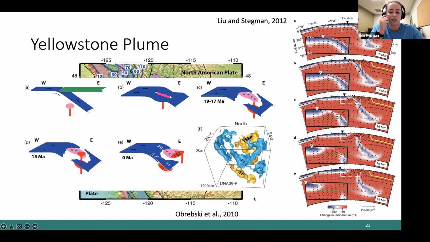And then this is a comparable conceptual model from Obrevsky looking at the same subduction zone, showing how the plume head influences the tear in this slab. It's obviously more complicated, but again, evidence of those plume slab interactions.